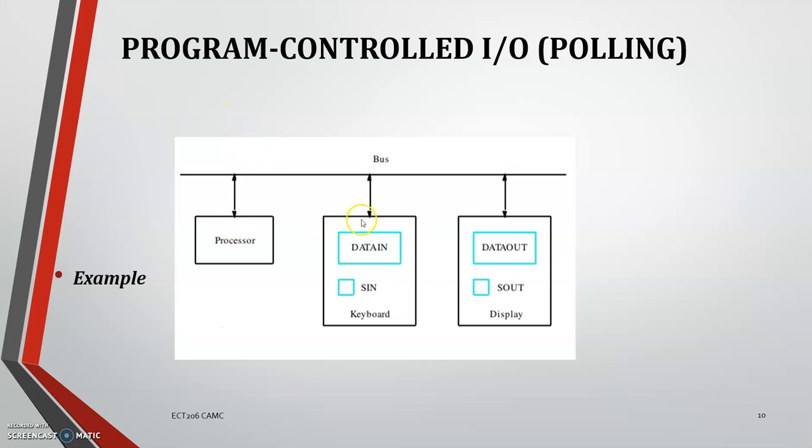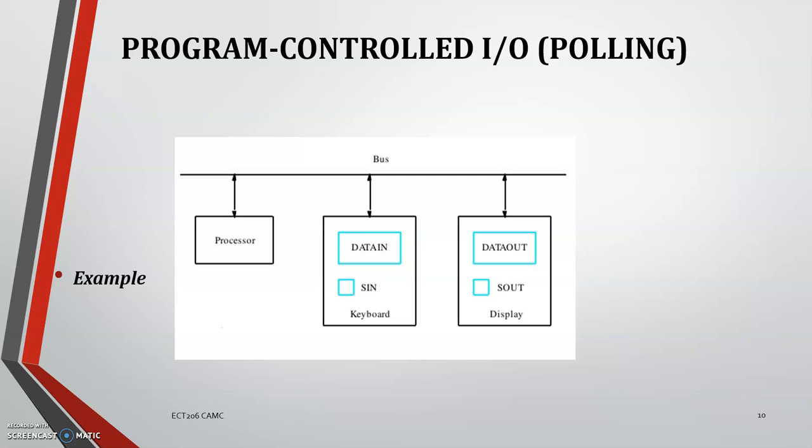This is an example: the processor is connected to the bus, and two devices, the keyboard and the display, are connected to the processor. Here we have the data register and the status register. If we want to enter a key using the keyboard, the status register in the keyboard will show that the keyboard needs to input data.